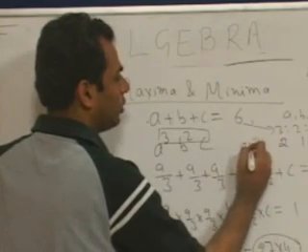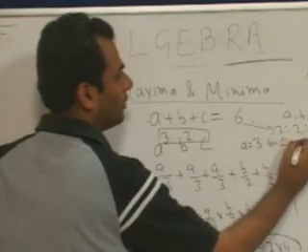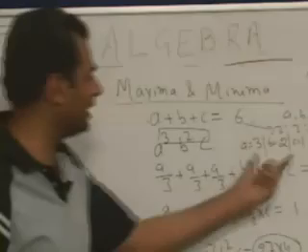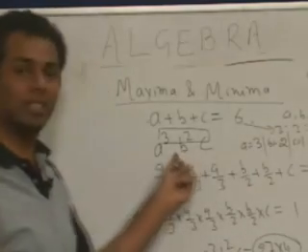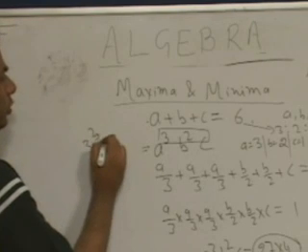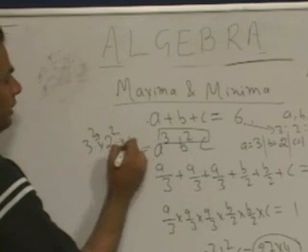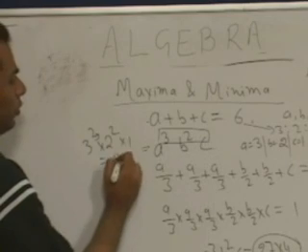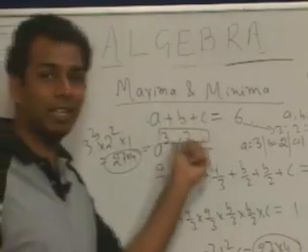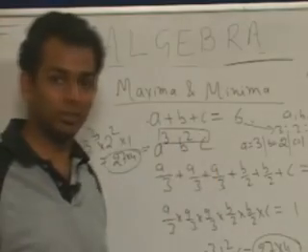So a is equal to 3, b is equal to 2 and c is equal to 1. Straight away put these three values in this expression. You'll get the answer 3 cube into 2 square into 1, which is equal to 27 into 4. So whenever the sum is given and there are powers, we can use this particular logic.